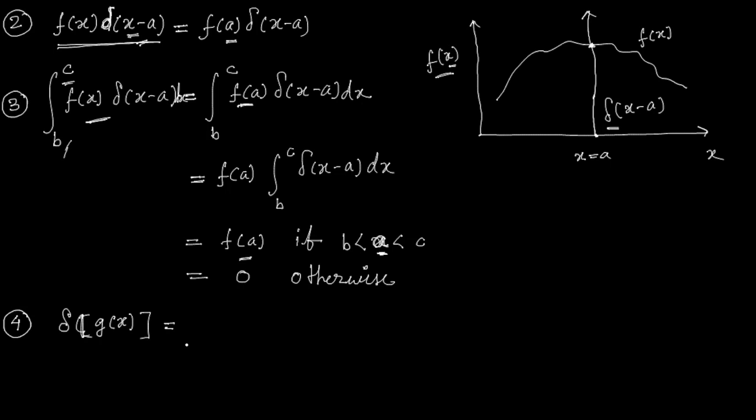So we can write this Dirac delta function in terms of the variable, and for that we can use this relation: delta of x minus x i divided by mod of g dash of x i, where i goes from 1 to n.